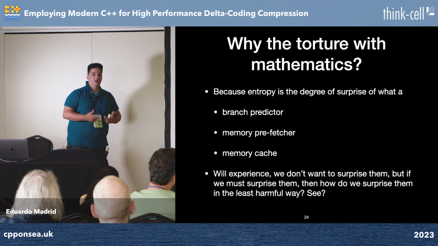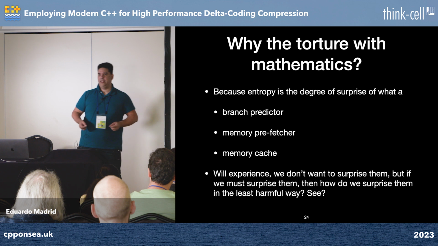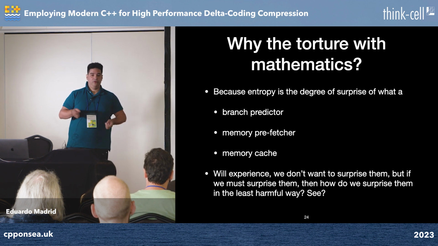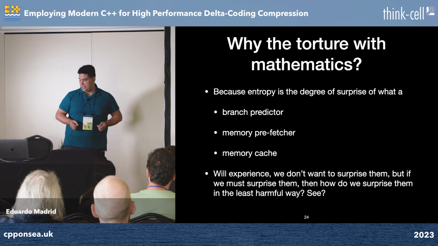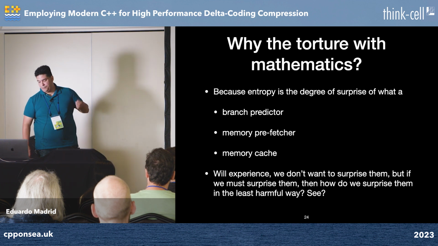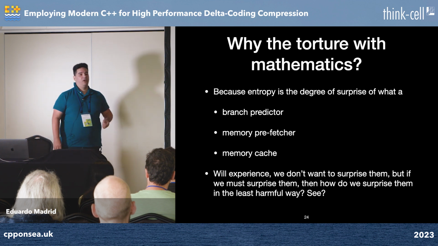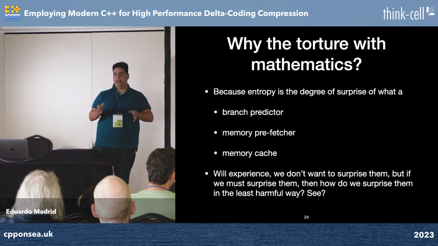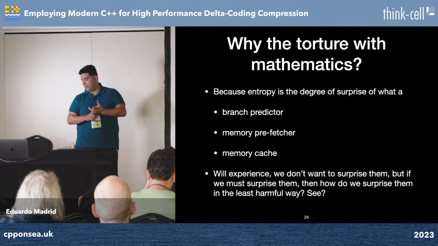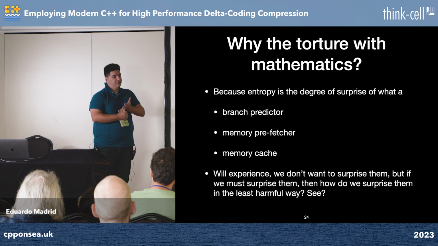Now, there is another reason that is truly important for all of us as software engineers, especially those of us that work in performance-related concerns day in, day out, because entropy is also the degree of surprise that several truly important components of the execution machines, the processors, have. In particular, the branch predictors, the memory prefetcher, the memory caches.